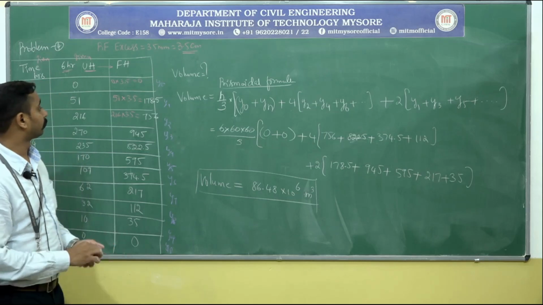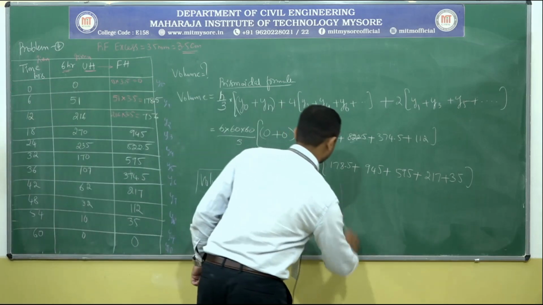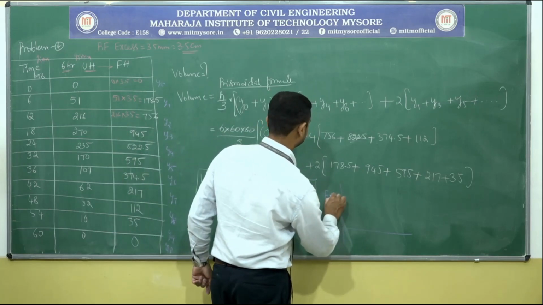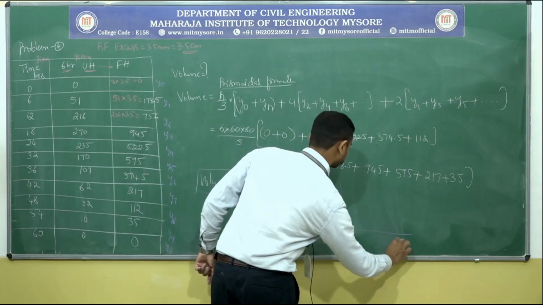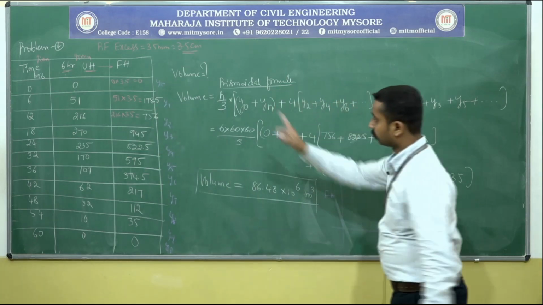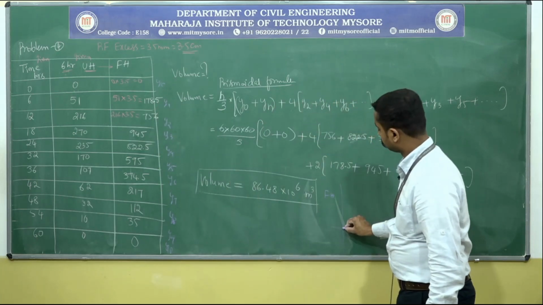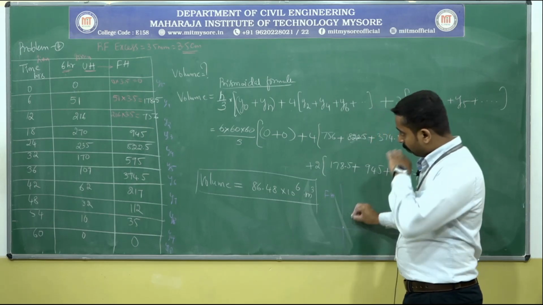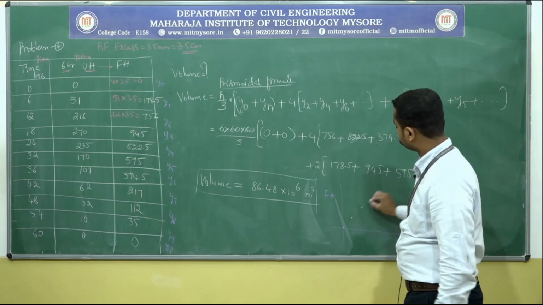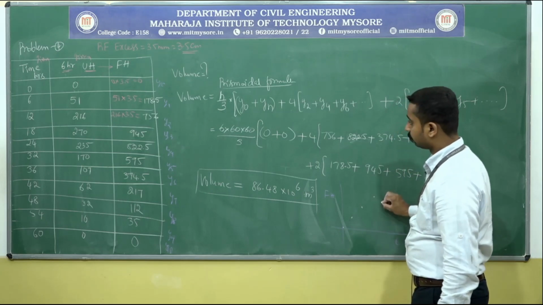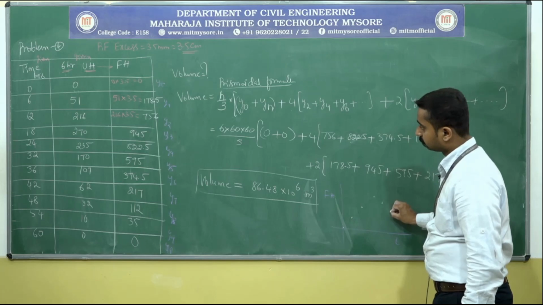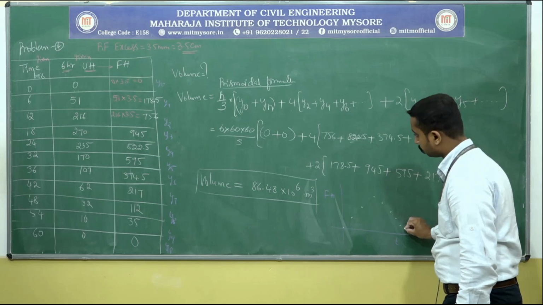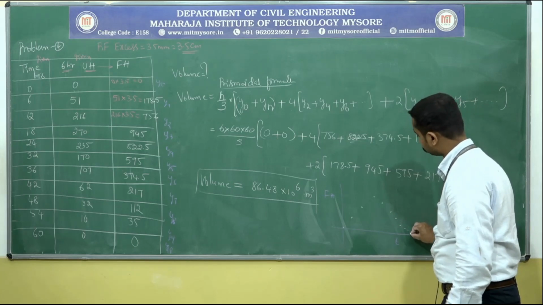Okay, and we need to plot also, right? So very similar to the last one. This is the flood hydrograph against time: 0, 178.5, 756, 945, 822.5, 595, 374.5, 217, 112, 35, 0.